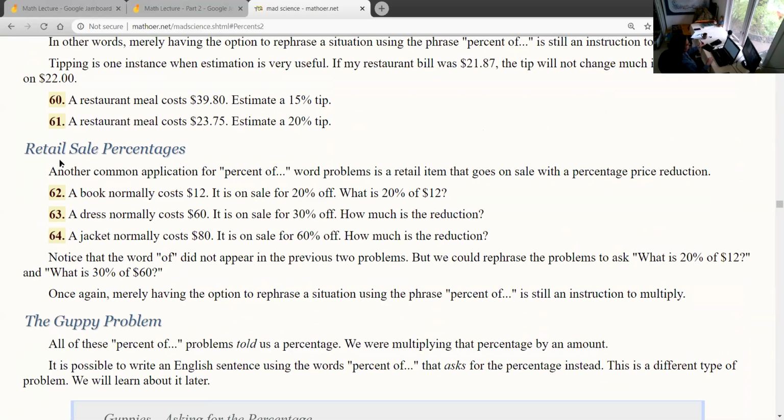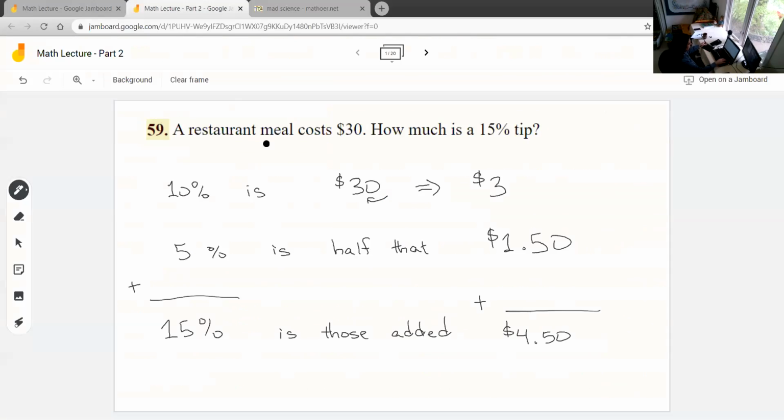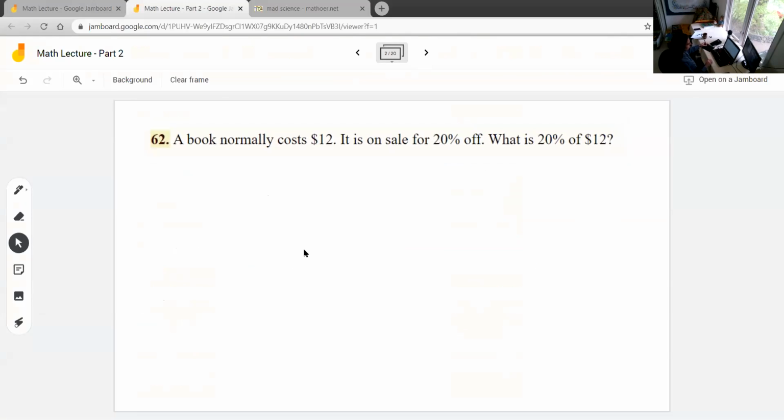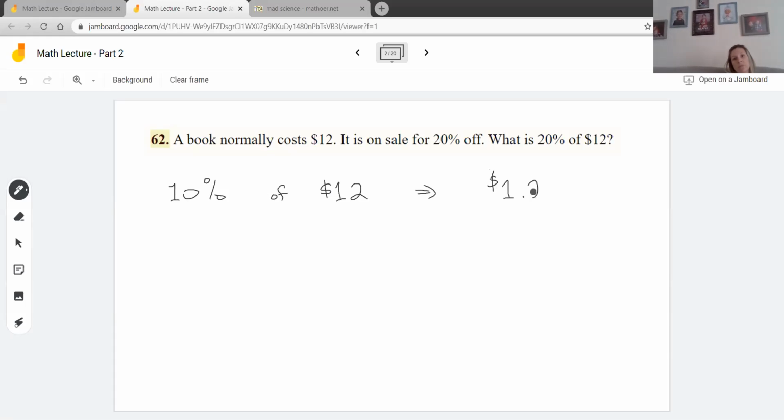Another example is when we have things going on sale. So a book normally costs 12 bucks. It's on sale, 20% off. So what's the 20%? How much is 10% of 12? $1.20, excluding the decimal points.